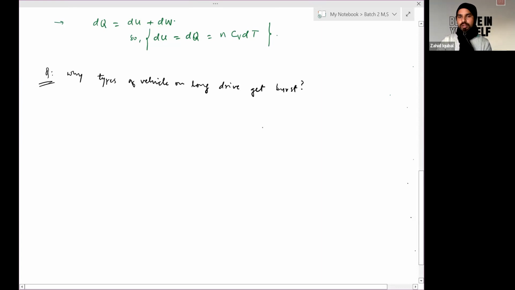And since the volume of that tire will be constant, at constant volume, pressure and temperature are directly proportional to each other. So increasing temperature will lead to an increase in pressure of the tire from inside, and that will be responsible for bursting of the tire on long driving. Is it clear? Yes, sir.